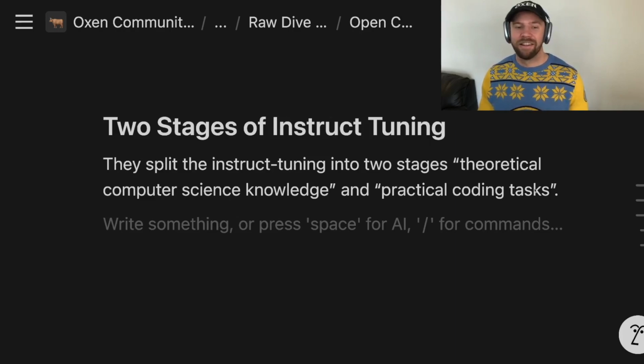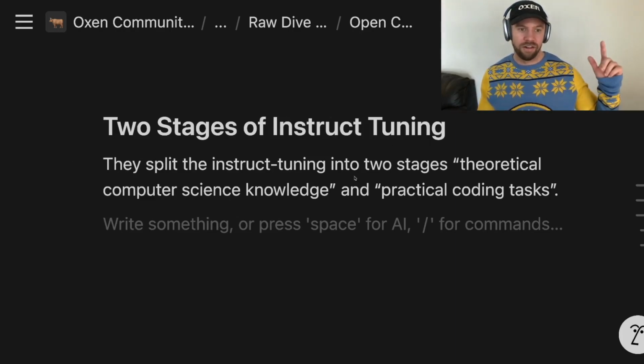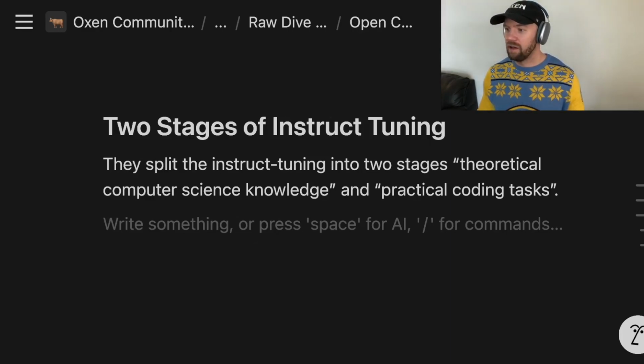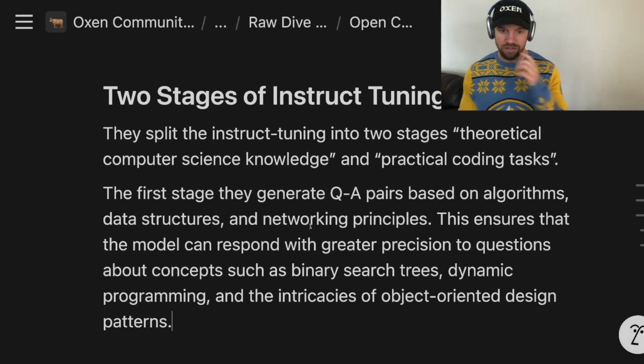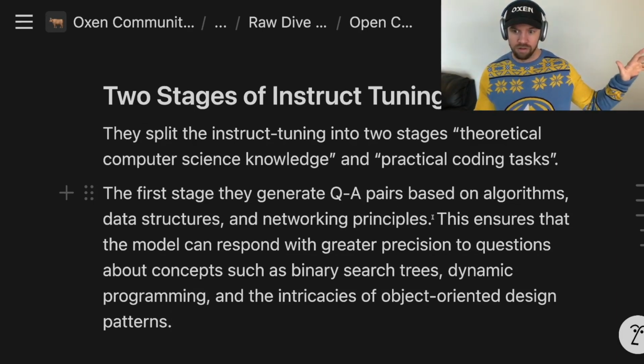All right, let's get into the last interesting step here. I touched on it a little bit earlier, but they split the Instruct tuning, or the post-training, into two stages: theoretical computer science knowledge and practical coding tasks. The first stage was generating QA pairs based off of algorithms, data structures, and networking principles.